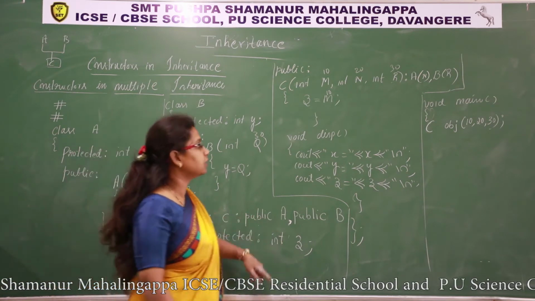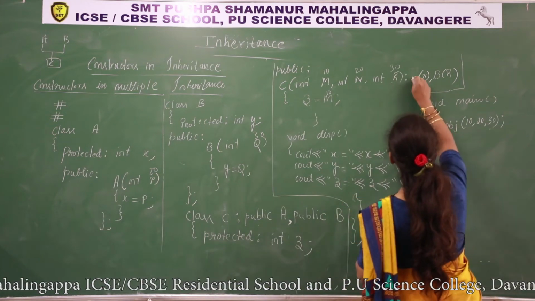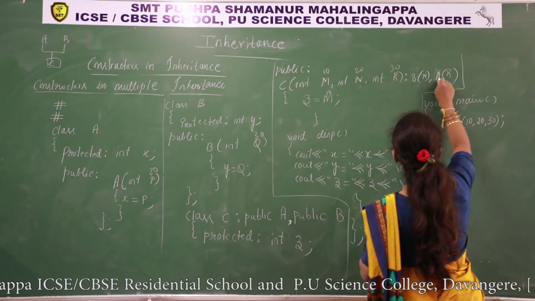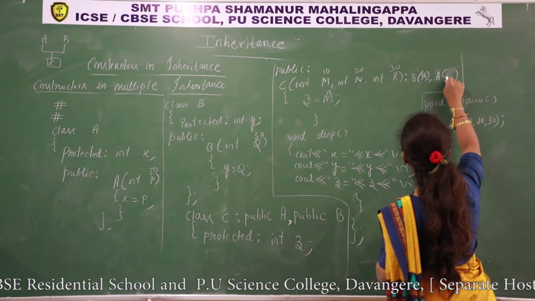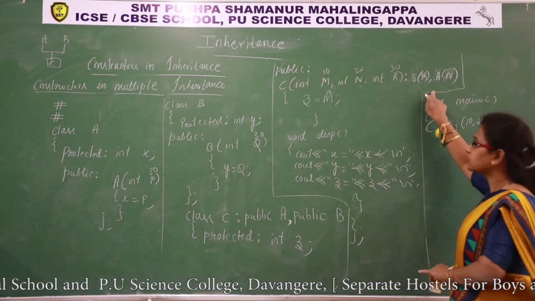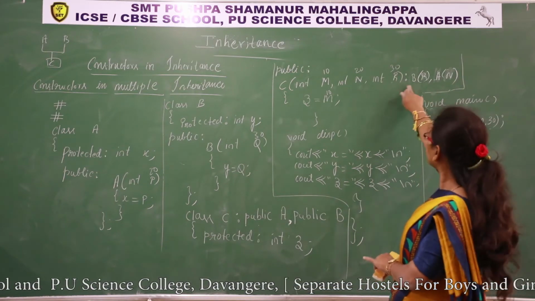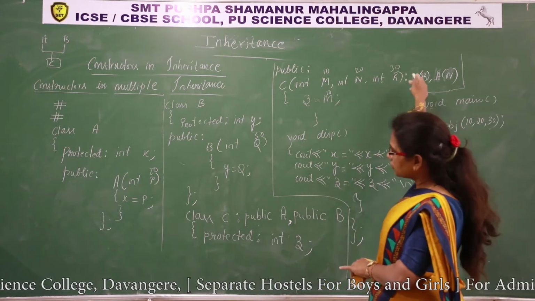Understood? See here. If I write like this, if I take B, if I take A here, the R value is sent to class B and the N value to class A. Here I have changed the order. It doesn't matter. The order you are writing here in the constructor doesn't matter.